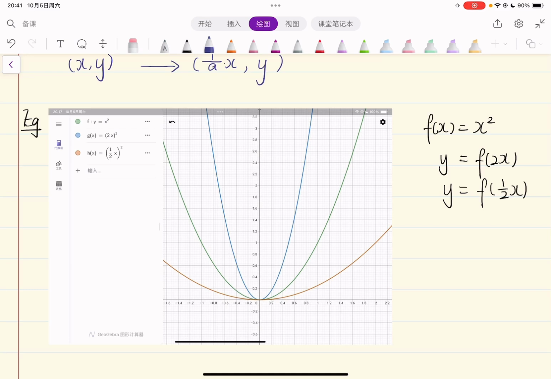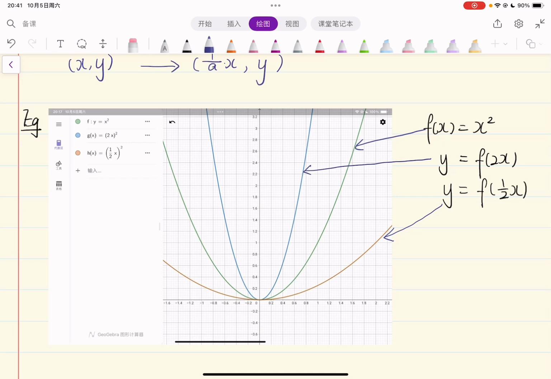For example, we have f(x) equals x squared, that is the green line, and y equals f(2x), that is the blue one, and y equals f(half x), that is the orange one. Firstly, we look at the green and the blue one.